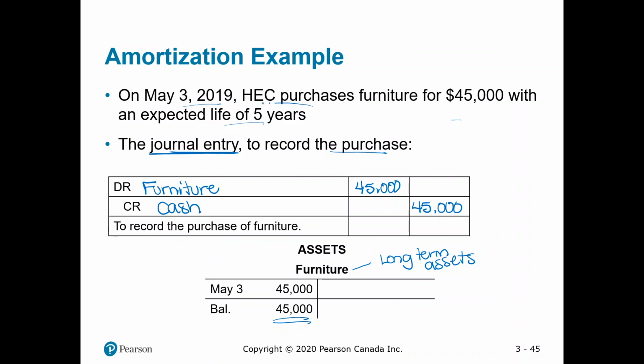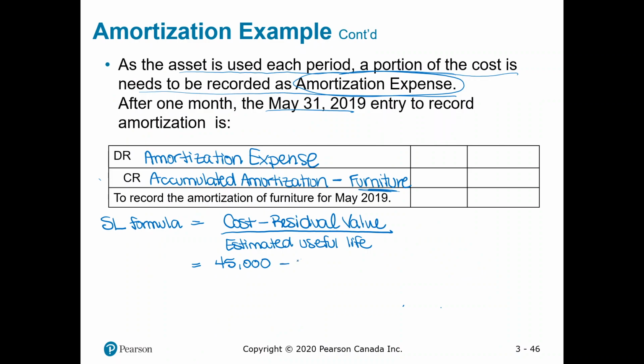And while we're here, we can see the expected life is 5 years. So it's just 45 minus 0. Clearly there's no usefulness after the useful life. And our estimated useful life is 5 years. So if we take this, $45,000 divided by 5 years equals $9,000 per year.